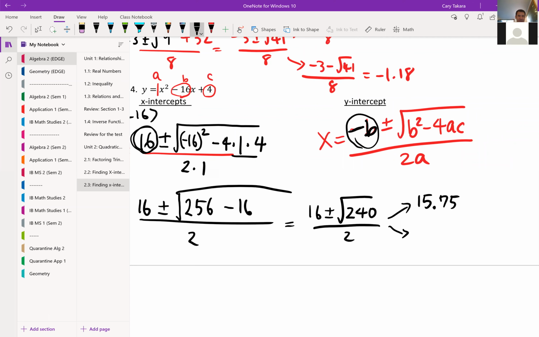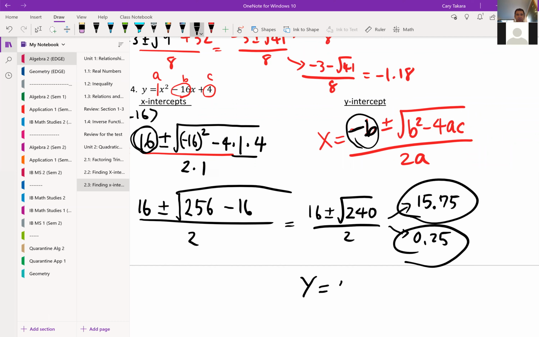The other one is 16 minus square root of 240. Enter. Divide by 2. 0.25. So these are the x-intercepts, and then the y-intercept is 4.